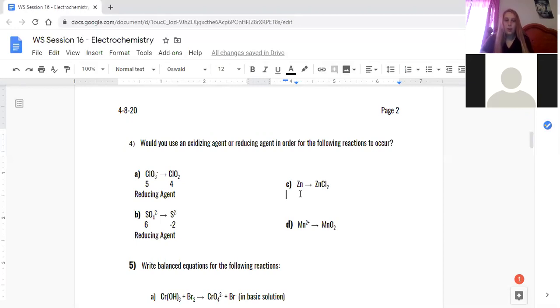So what is the oxidation state of zinc in that one?